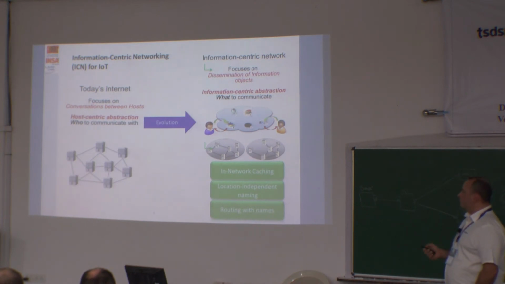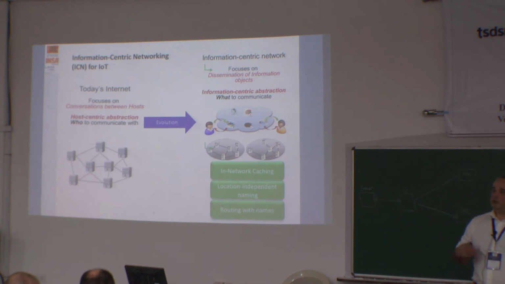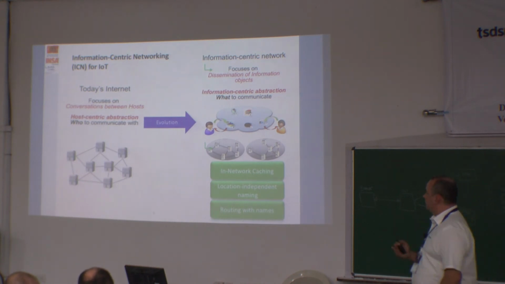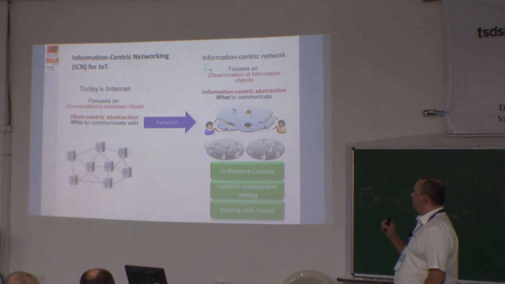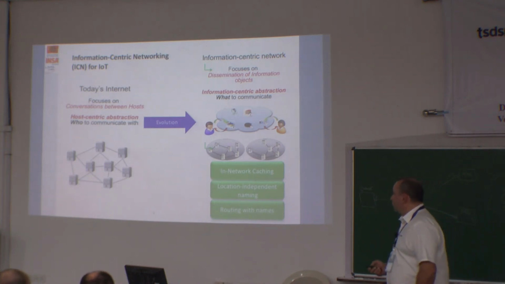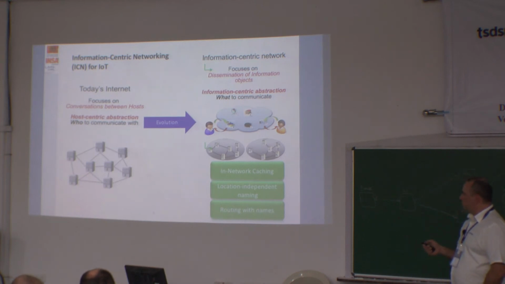So some people have done some experiments on this. And to produce this kind of network, you need several new functionalities. First, you need to make a naming of all information, to find a way to get and to specify each information in the network. So you can have some hierarchical way of doing this, or some other way.